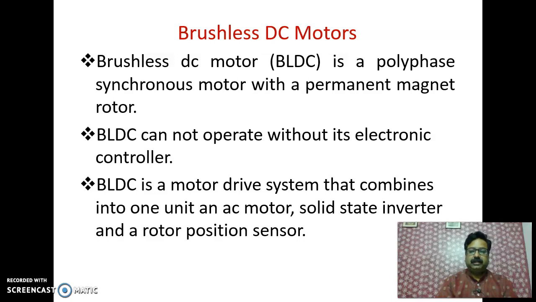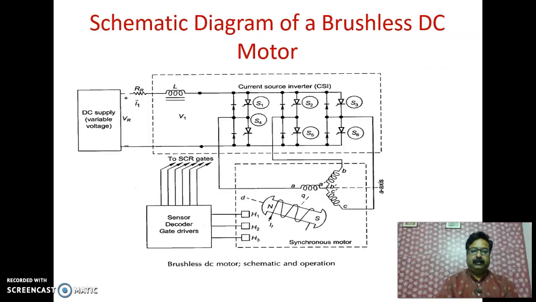And position sensor is a Hall effect sensor which detects the position of the rotor. On the basis of detection of the position of the rotor, corresponding output is generated from Hall effect sensor.